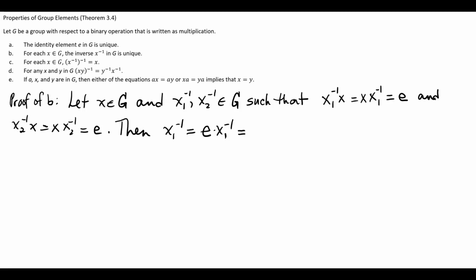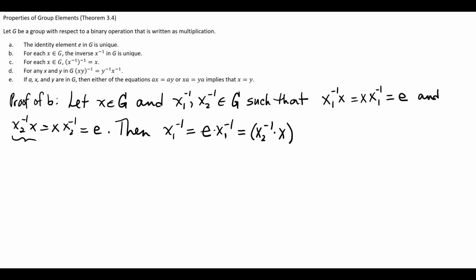So I can rewrite the identity element as x2 inverse times x, because that is equal to e, because that's the way I identified it, or I assigned it as an inverse.